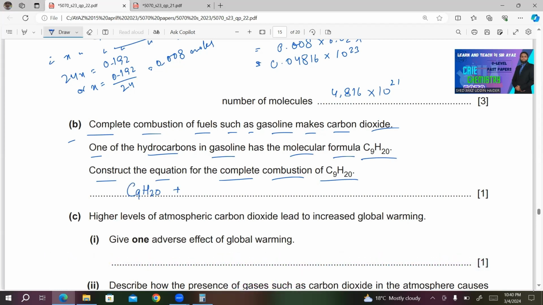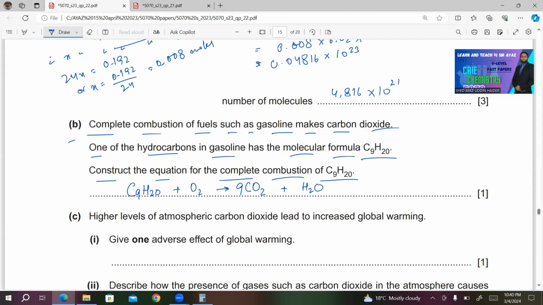C9H20 plus O2 gives CO2 plus H2O. Now let's balance the reactants and products. We have 9 atoms of carbon on the reactant side, so I will take 9 moles of carbon dioxide. What about hydrogen?